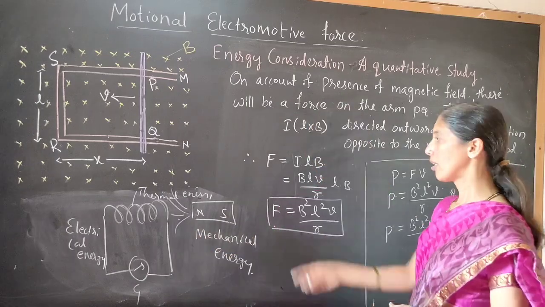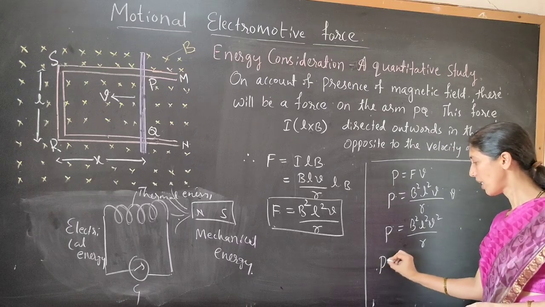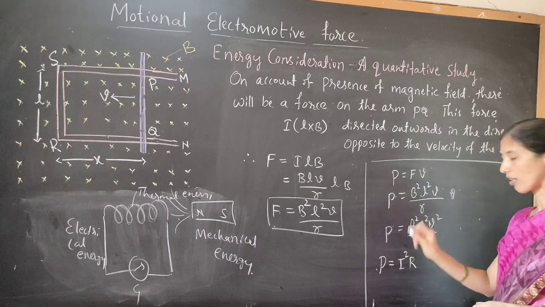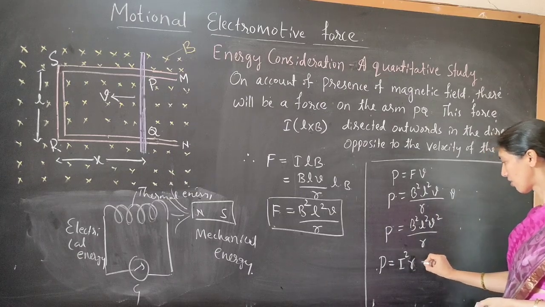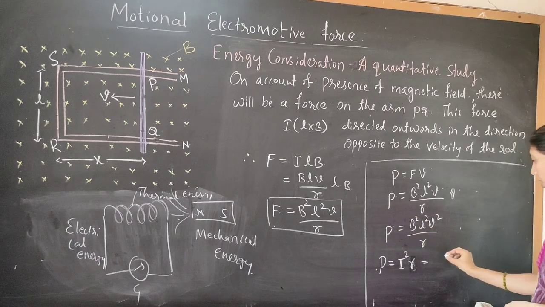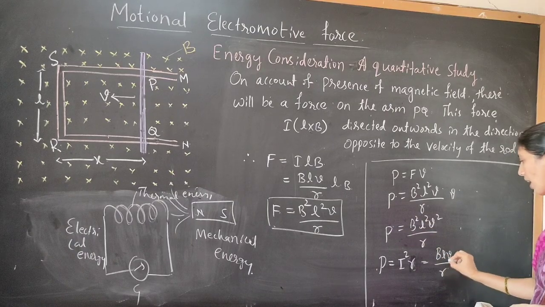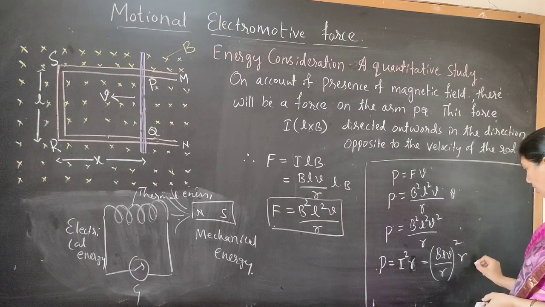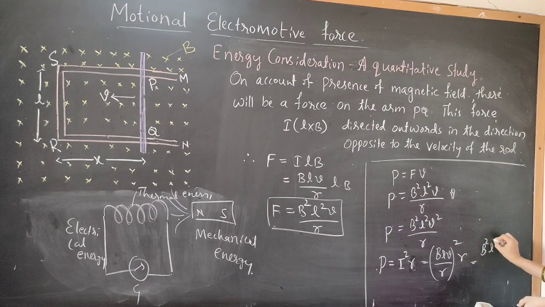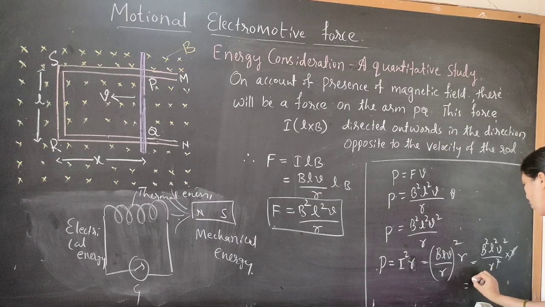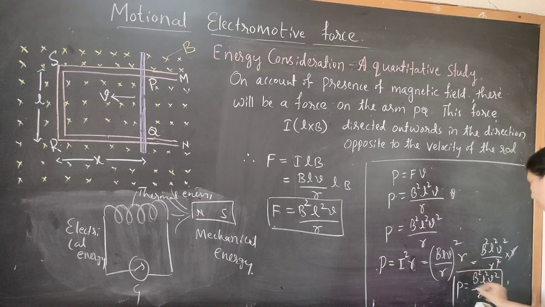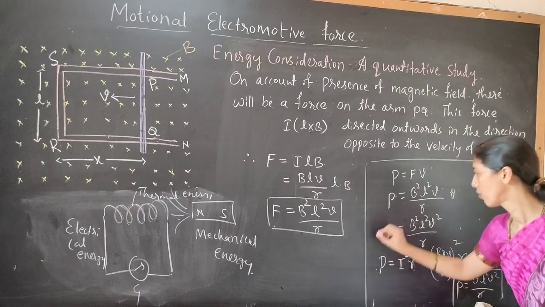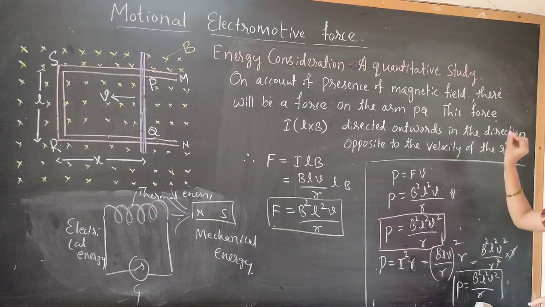Energy is conserved here. Now this dissipated heat is given by P is equal to I square into R. Here I, we have just calculated, is equal to BLV divided by R. So P is equal to BLV divided by R whole square into R, which is B square L square V square divided by R square into R. R will be cancelled, so P is equal to B square L square V square divided by R. So both the expressions are the same, right?